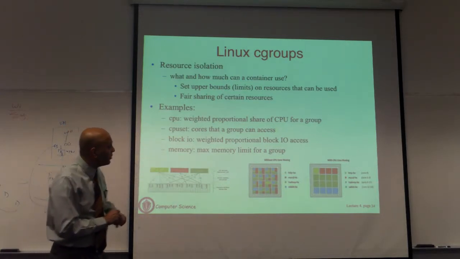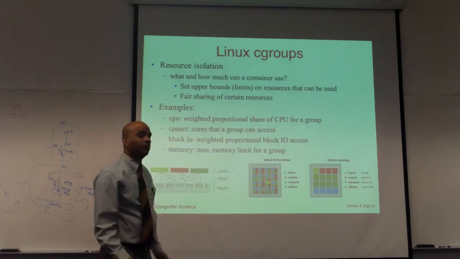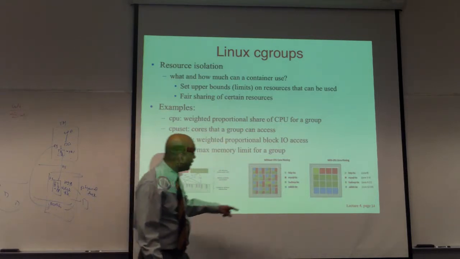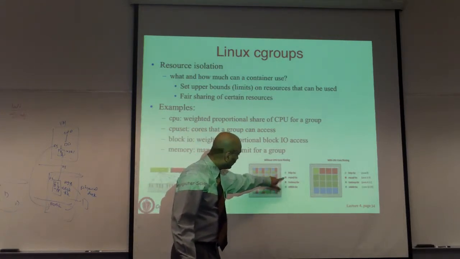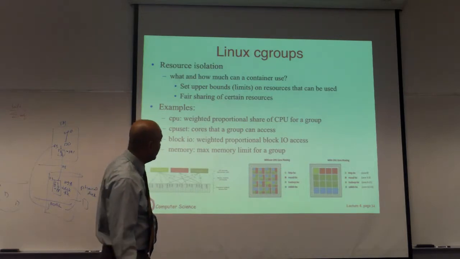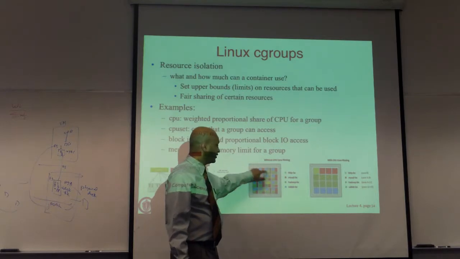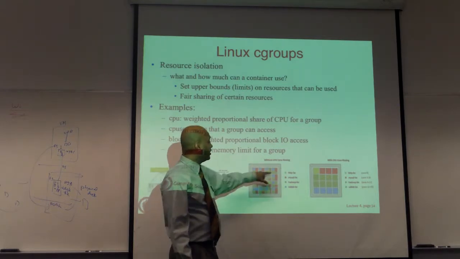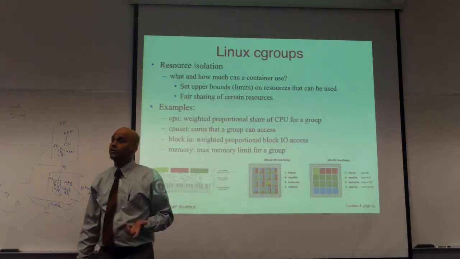Here is a picture that will illustrate what happens when you share or don't share. Here there are 4 containers, there are 4 different colors. There's a blue, there's a green, there's a red, and there's a slightly different green. One is olive green, the other one is green. If you don't do anything, these squares are cores, there are 16 cores here. You will see that each of these containers is simply taking some fraction of each of the cores.